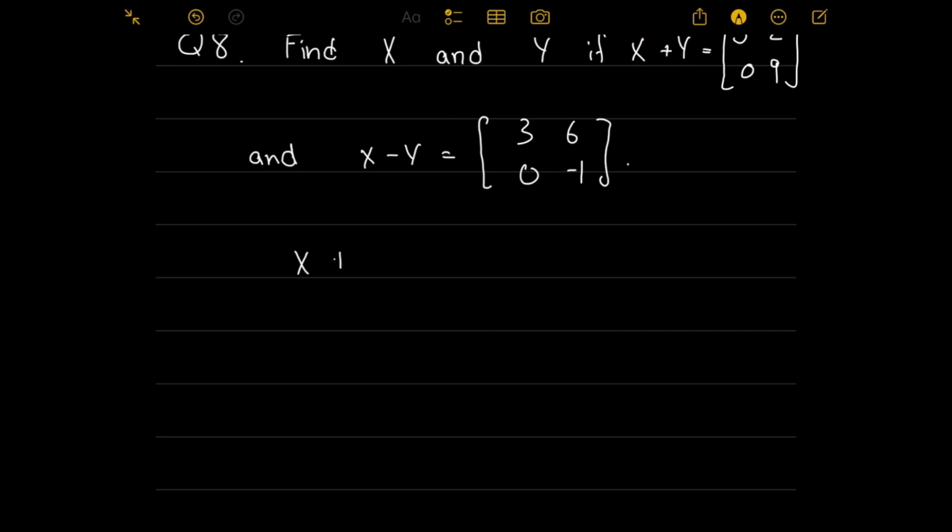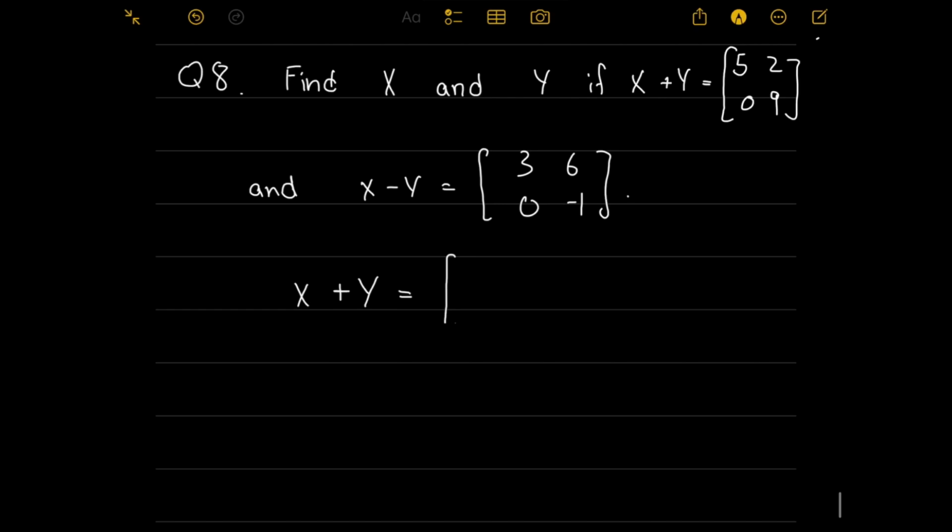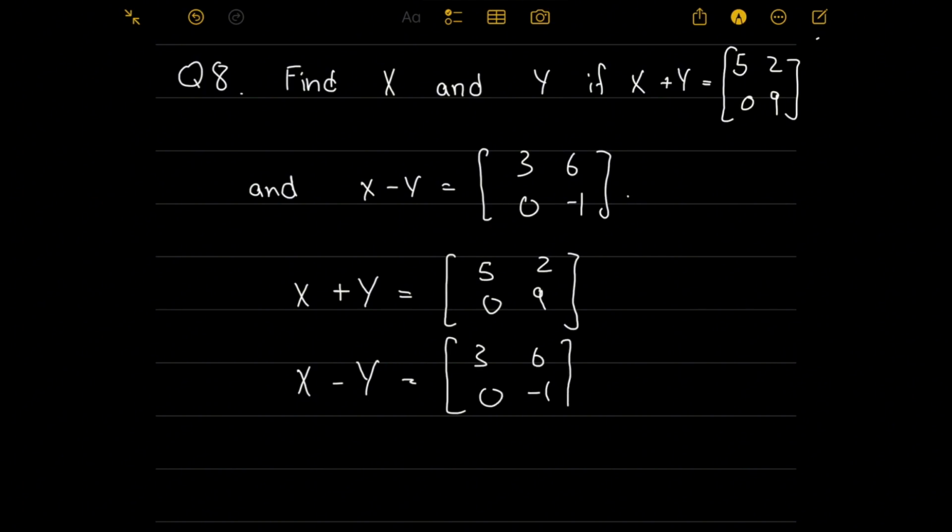Let's write these equations. x plus y equals 5 2 0 9, and then x minus y equals 3 6 0 minus 1.